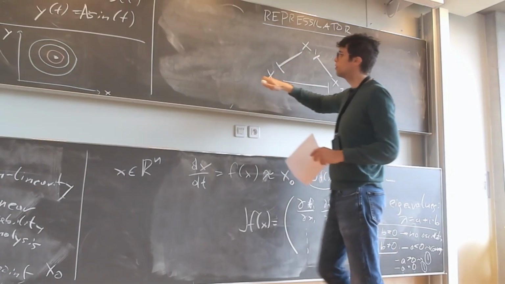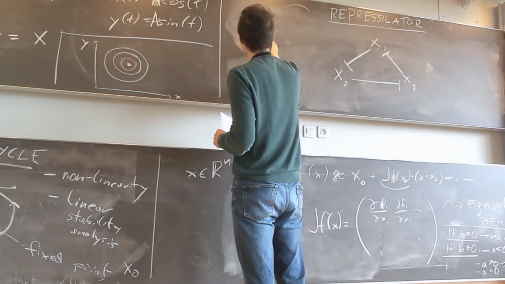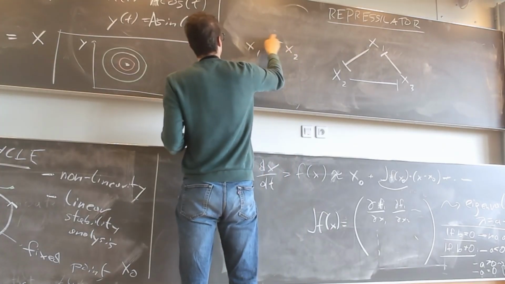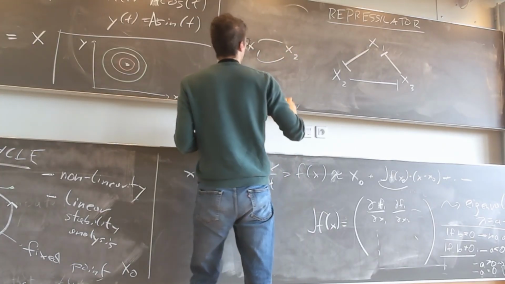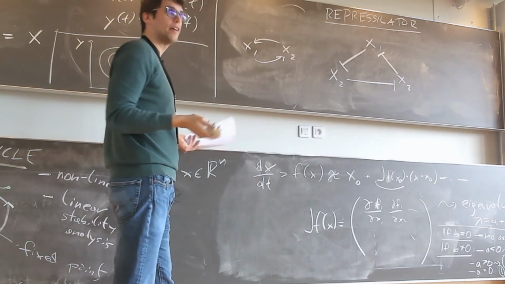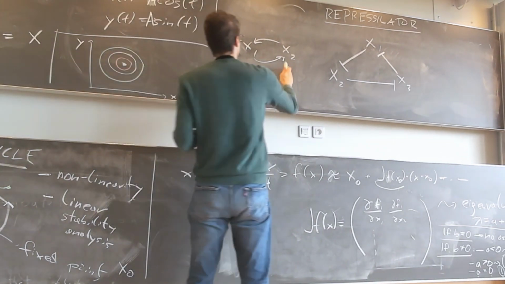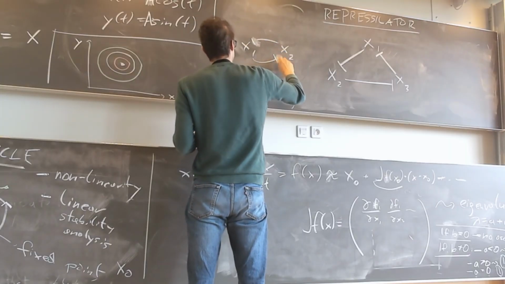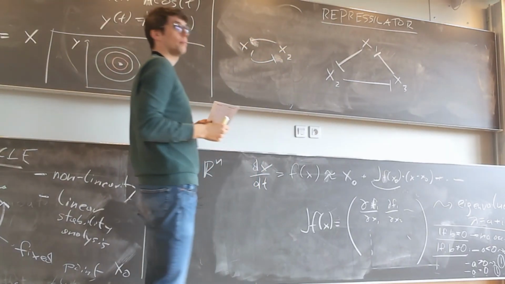But one thing that we do know is if we have a two-dimensional system, it can't be symmetric. So if we have x1 and x2, if we have both of them be activations, then that's not incoherent. If you have both of them be repressors, then that's not incoherent either.